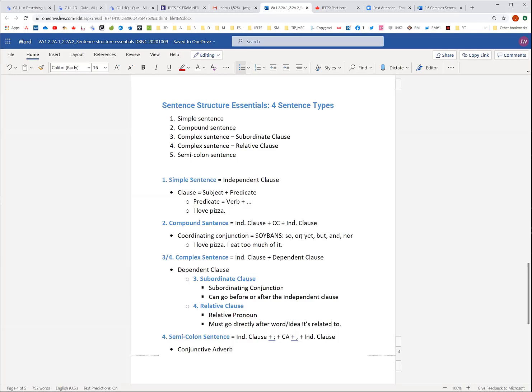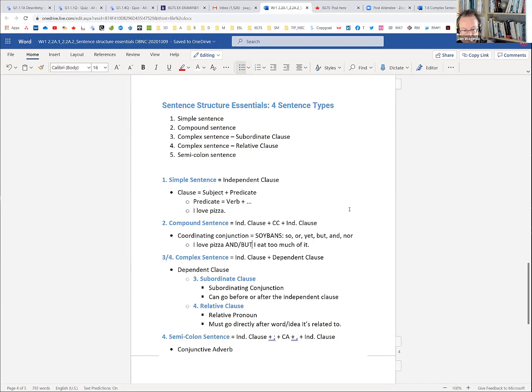And I eat too much of it? Sure. And would work. Which one do you think is more common? So. But it's a contrast, right? I'm complaining. So that's all a compound sentence is. This is a very simple way of putting a couple sentences together.